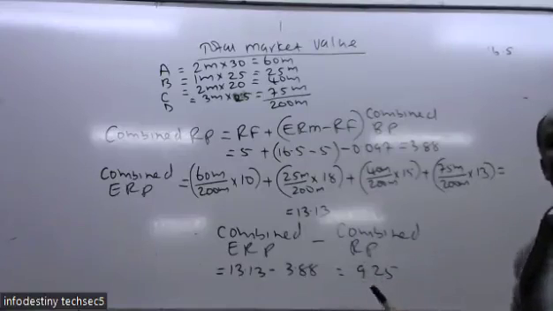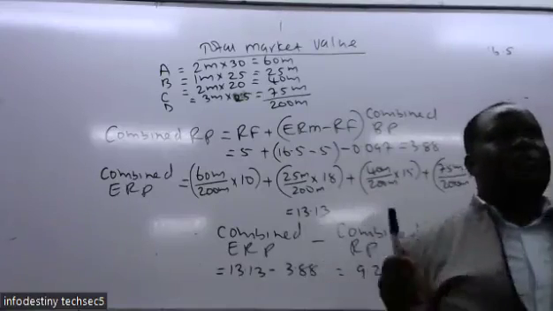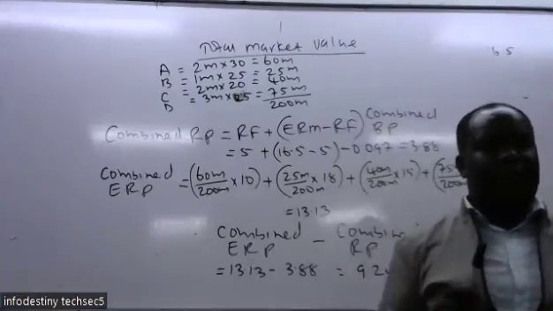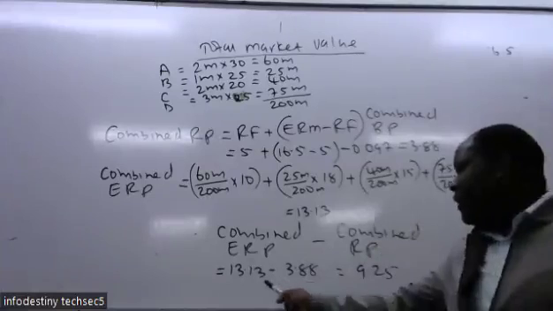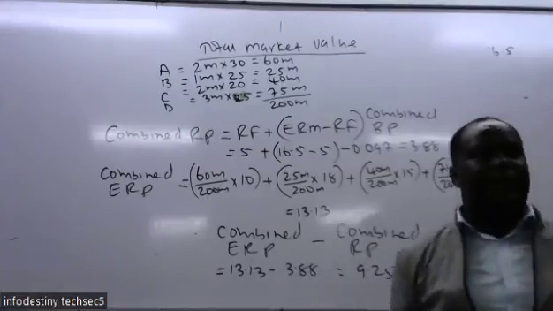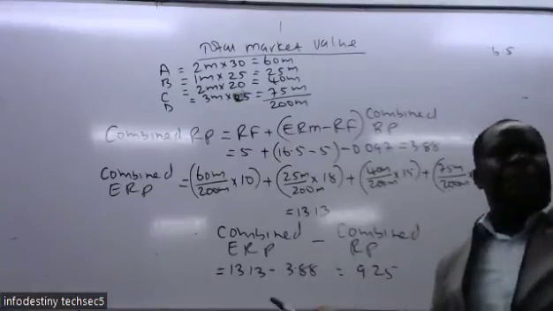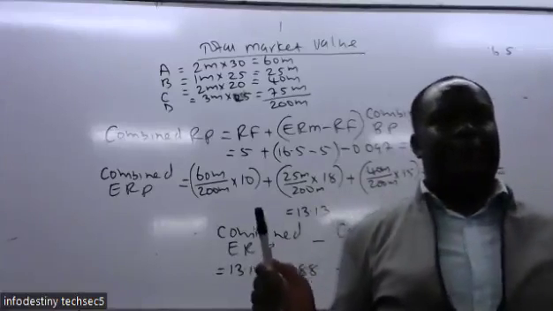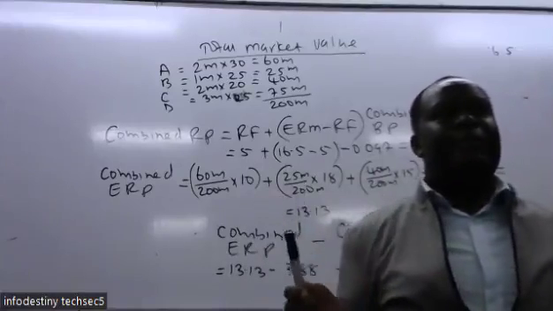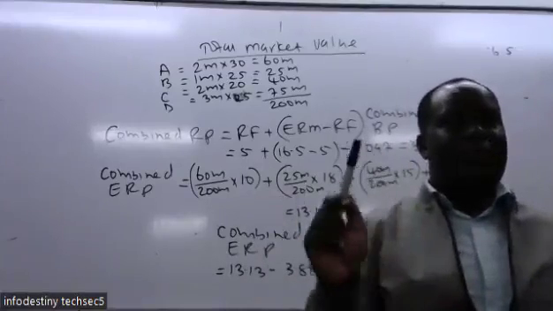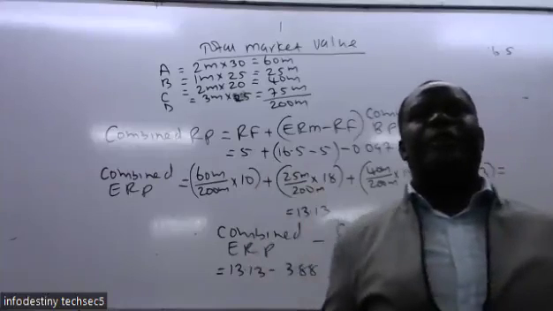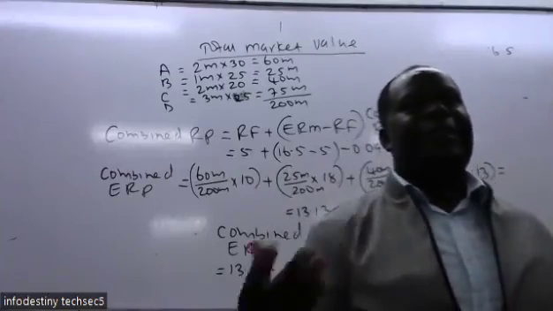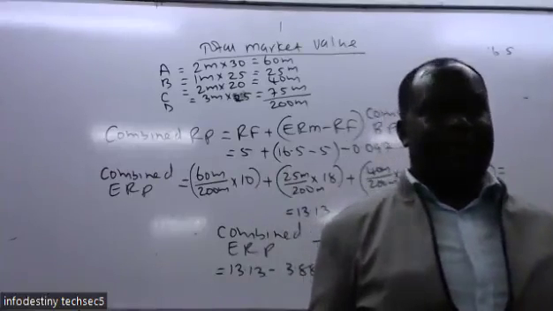So now the question was, should we change the composition, or should we not change the composition? If this one and this are the same, the difference will be 0. When the difference is 0, it is efficient or correctly valued. When it is efficient or correctly valued, you don't do anything because you are not going at a loss, neither are you getting a profit.